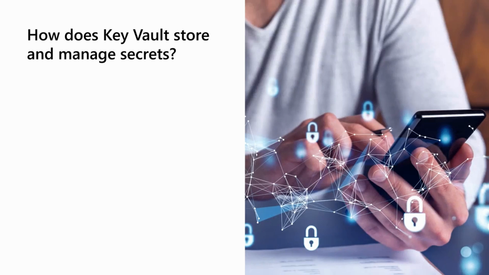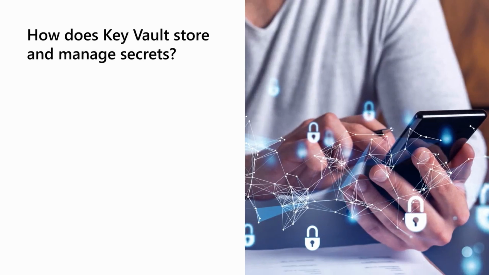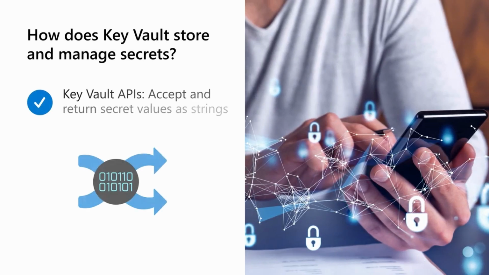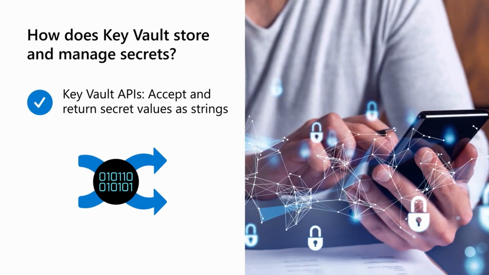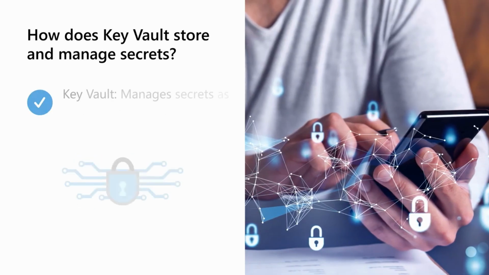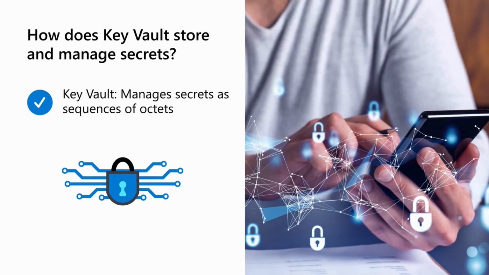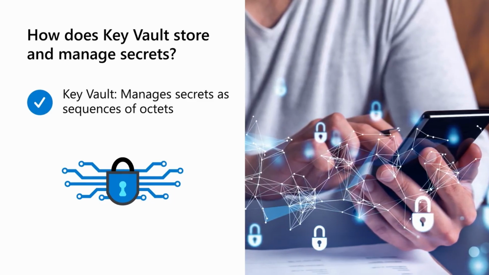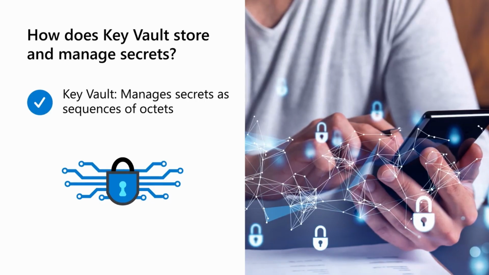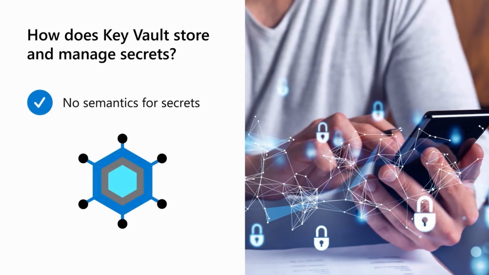So how does Key Vault store and manage secrets? From a developer's perspective, Key Vault APIs accept and return secret values as strings. However, internally, Key Vault stores and manages secrets as sequences of octets, which are 8-bit bytes with a maximum size of 25 kilobytes each. The Key Vault service doesn't provide semantics for secrets.